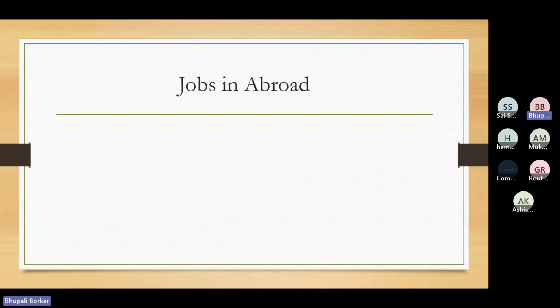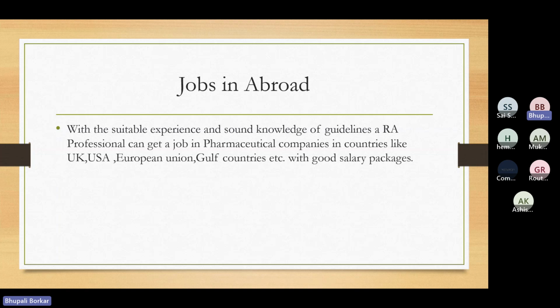Then the third option you have is jobs abroad. See, the minimum requirement for a job abroad is 3 years of experience. Then you can apply in different countries like UK, US, but they have their own examinations which you must clear. For UK, there is IELTS to get a PR.